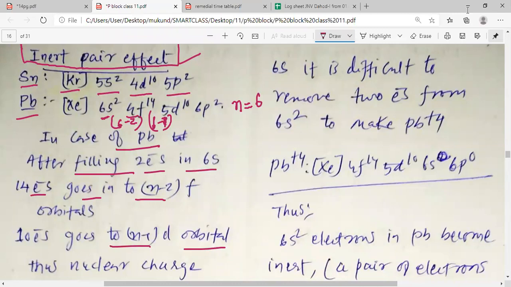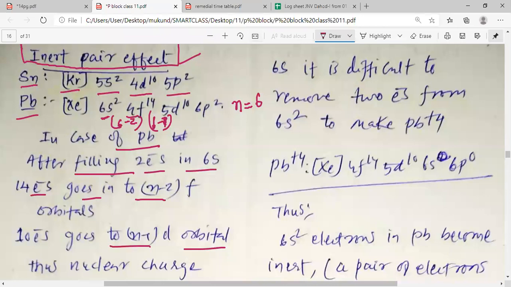So the 2 electrons go into the 6s, and then, my dear students, the 14 electrons go into the 4f and 10 electrons go into the 5d. This 4f is n minus 2, that is 6 minus 2, equal to 4, and d is n minus 1, that is 6 minus 1, that is 5. I hope you understand this. Dear students, do you understand this or not? Yes, sir.